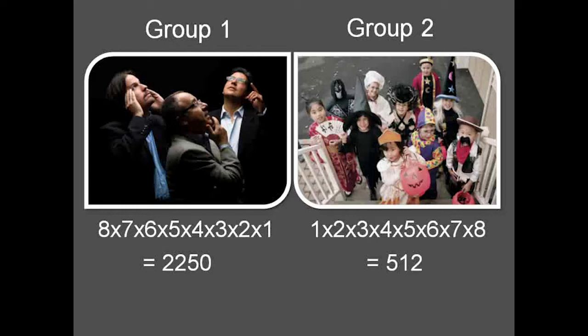Okay, so 500. What's happening is we're creating a starting point by looking at the first two numbers, the first product, and then we're adjusting to deal with the rest of the complexity of the problem. But the difficulty here is that group one is anchoring on 8 times 7 is 56, and group two is anchoring on 1 times 2 is 2.